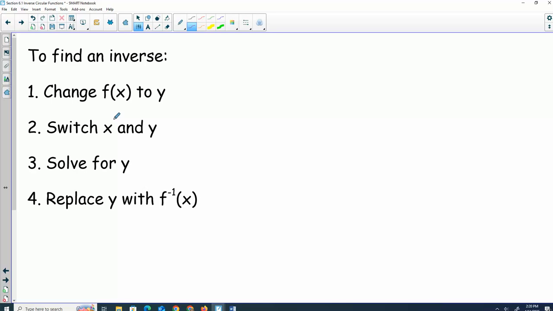We would switch x and y, solve for y, and then at the end we wrote it with f inverse of x, just to denote that we had found the inverse. Does this stuff sound familiar? Hopefully. We did it last semester.